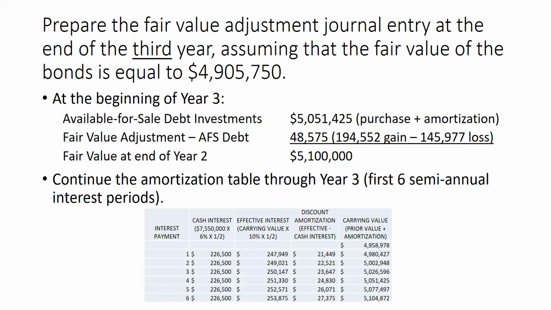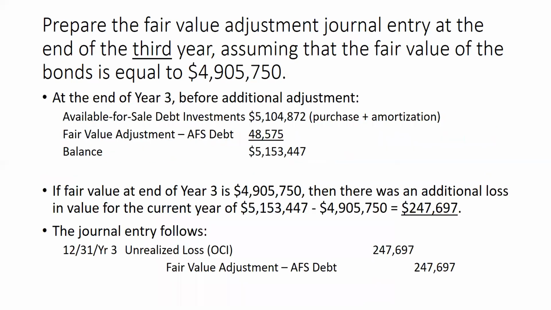$5,100,000. If we look at the amortization table through the third year, we now see that the carrying value is $5,104,872. To this, we're going to add the debit balance in the fair value adjustment account for a balance of $5,153,447.